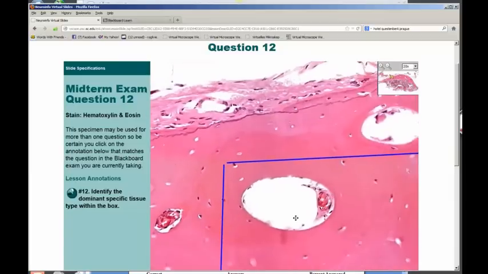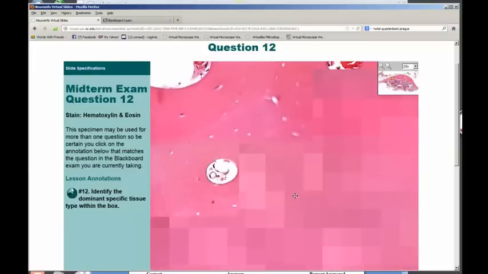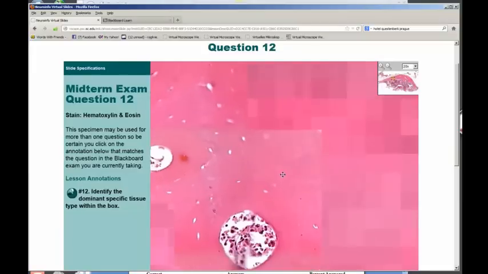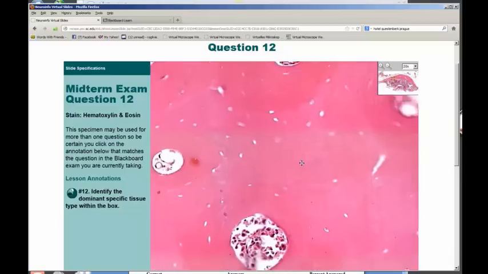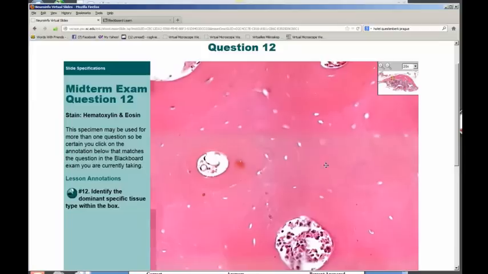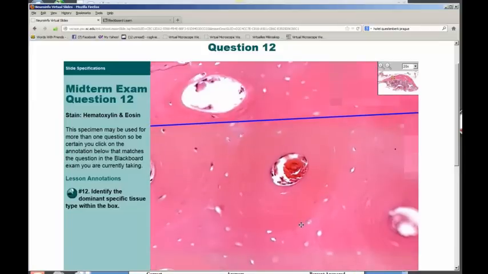And so these are Haversian canals. This is compact bone, so that would be the correct answer. Not just bone, because there's cancellous bone and there's compact bone. Compact bone has Haversian systems, or the other term for Haversian systems is osteons. So this is a Haversian canal with a blood vessel in it. So let's go on to question 13.